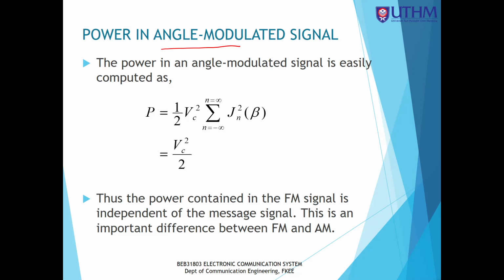The total power is equal to 1 over 2 Vc square multiplied by the summation of Jn square from minus infinity to infinity.